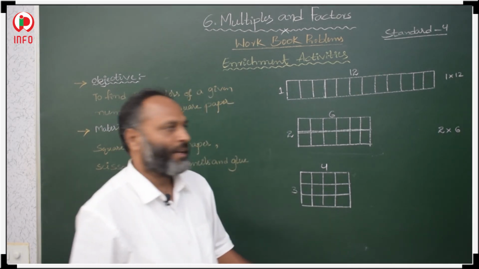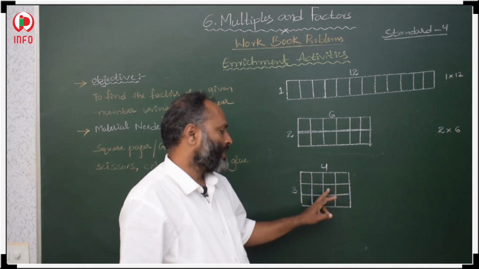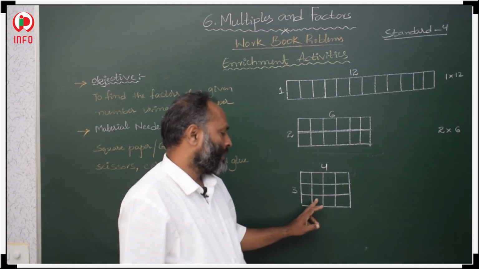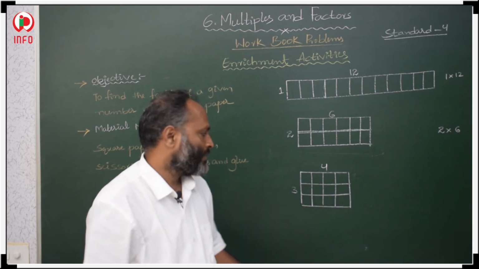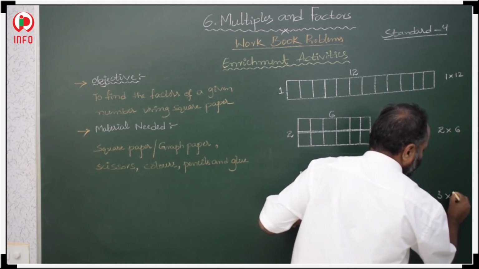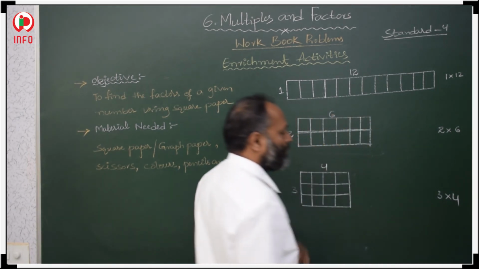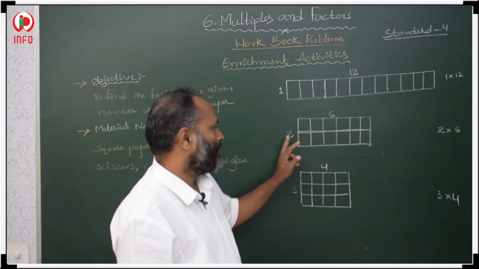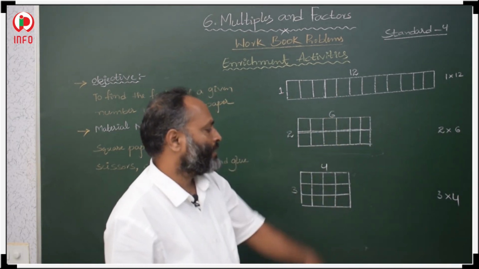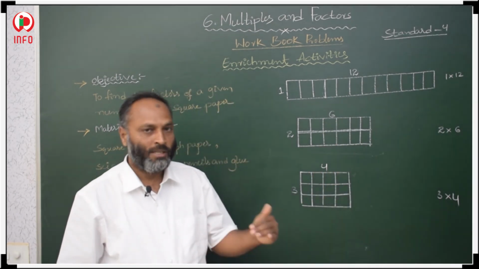Total, how many square grids? Check once: 1, 2, 3, 4, 5, 6, 7, 8, 9, 10, 11, 12. Total 12. So 3 into 4: 3 4s are 12. 2 6s are 12. 1 12 is 12. So in 3 different ways we can arrange 12 square grids.